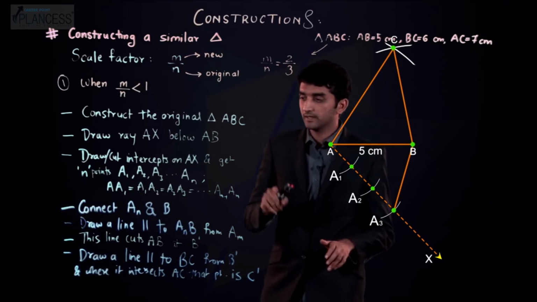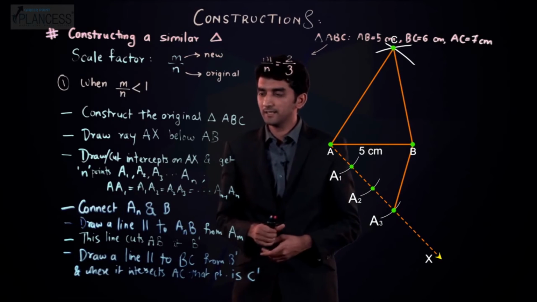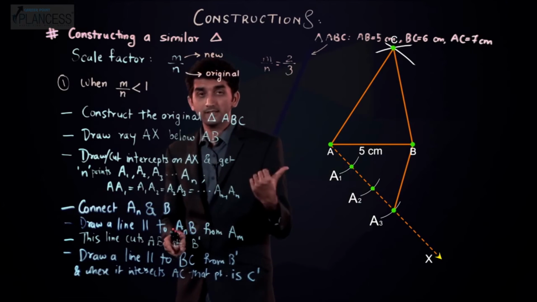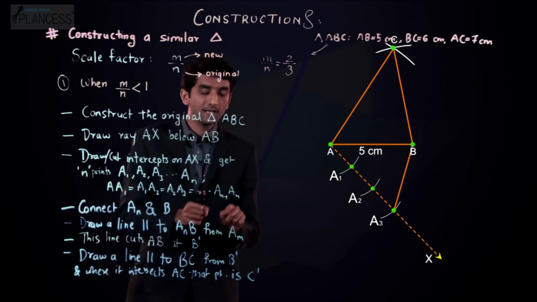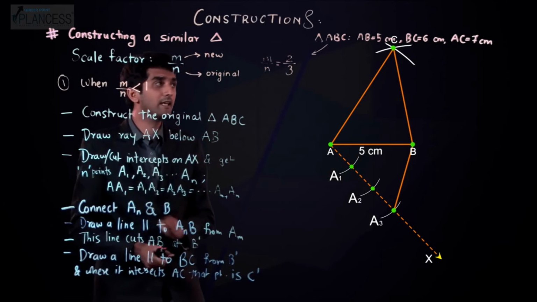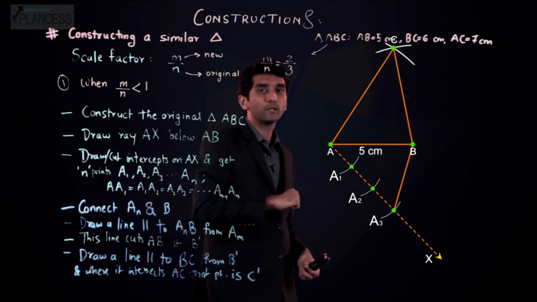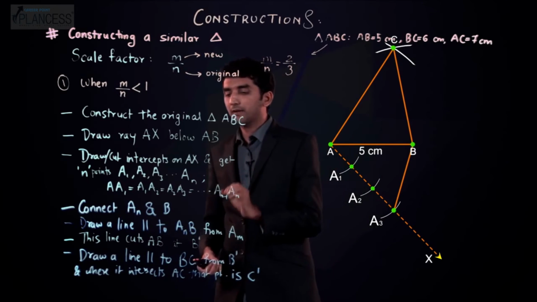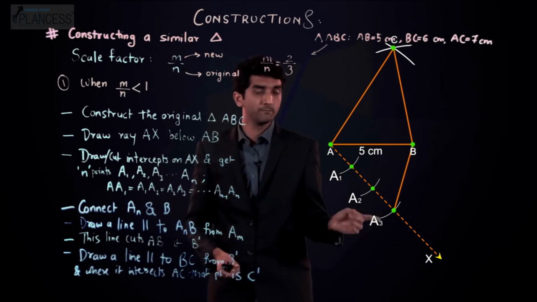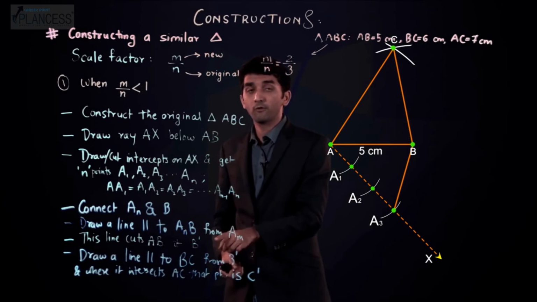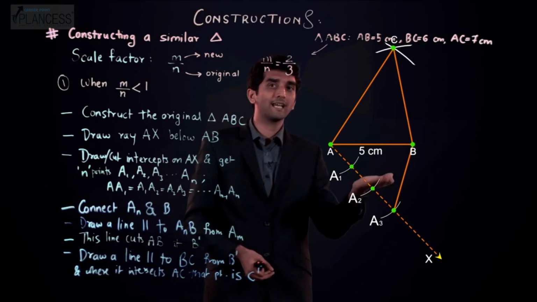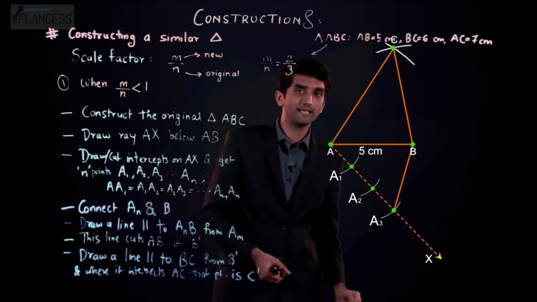Once that is done, the next step is interesting because it says draw a line parallel to AnB, in this case A3B, from Am. Now what is Am? Am is nothing but A2. So this particular step signifies draw a line parallel to A3B, the segment that we have just drawn, from A2. So we have to pick up A2 and then draw a line parallel to the segment A3B.